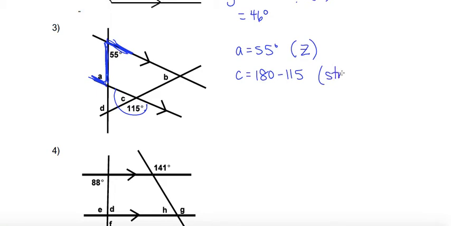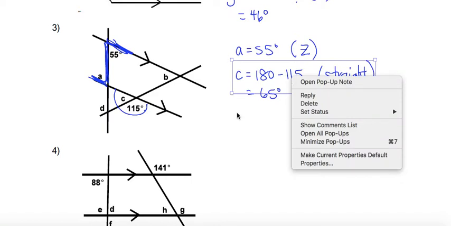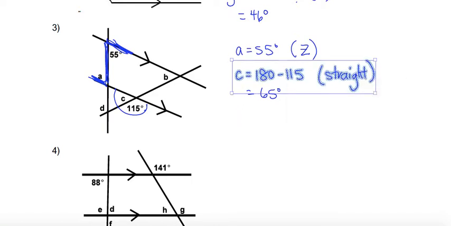So I'm using the properties of straight lines to help me figure out that missing measurement. So C is equal to 65 degrees. So now that I have my value for C and my value for A, let's see if I can figure out some other values in this property.